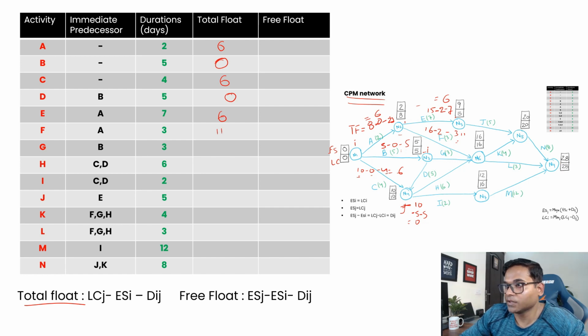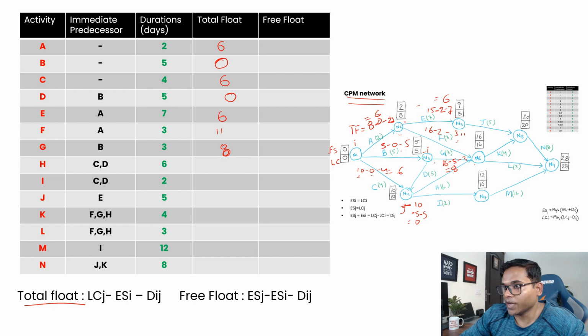Then activity G: this is your I and this is your J. 16 is the late completion date, minus the early start 5, minus duration 3, which is 8. So G is 8.